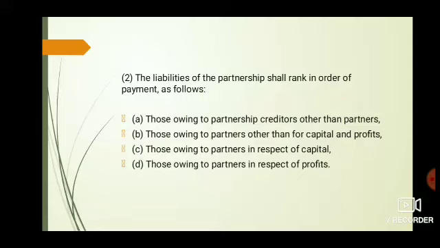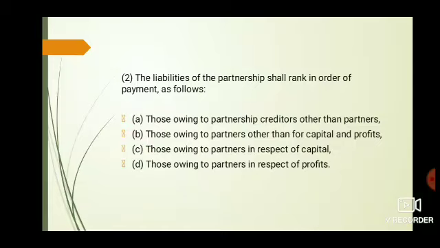So, following the order of payment, X and Y have preference, being outside creditors. After payment of the liabilities to X and Y, which total 150,000, 1 million less 150,000 is equal to 850,000.